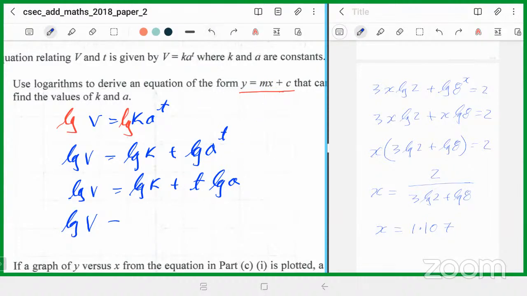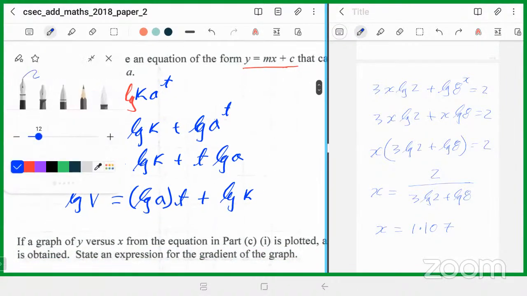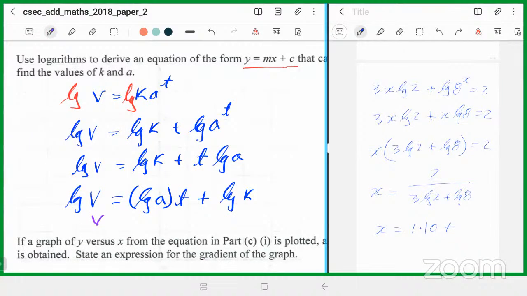So I'm going to write back this and put it first, because I'm trying to mirror the mx. And so I'm going to write it as the log of a times t. So this is my m plus the log of k. So now it is in the form y equals mx plus c.